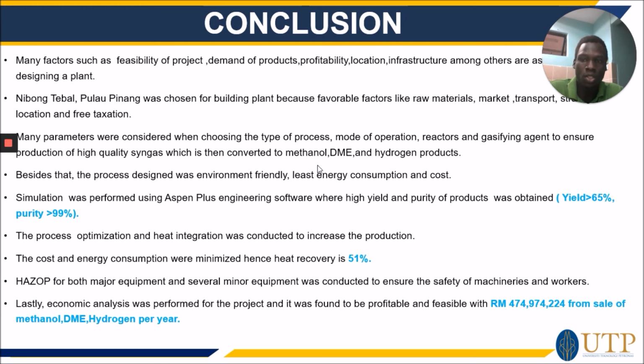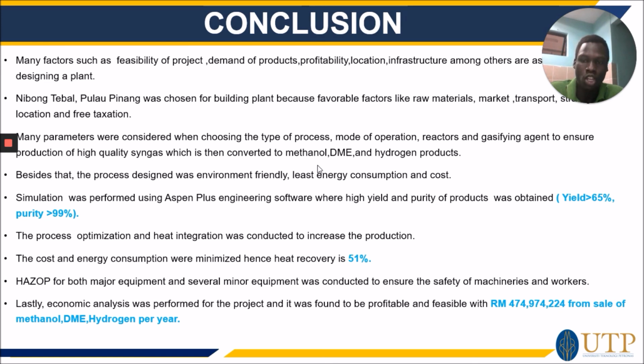The simulation was performed using Aspen Plus software where high yields and pure products were obtained. The yield is greater than 65% and purity is greater than 99%. The process optimization and heat integration were conducted to increase production, and the cost and energy consumption were also minimized, hence the heat recovery is 51%.